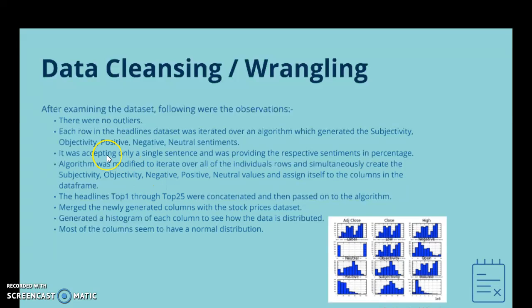The one part that I would like to highlight is that each row in the headlines data set was iterated over an algorithm which generated the subjectivity, objectivity, positive, negative, and neutral sentiments, and only a single sentence was providing the respective sentiments. So I modified it to iterate over all the individual rows and simultaneously create those sentiments. The next part was to concatenate the top headlines from 1 through 25 and then pass it to the algorithm to make it more efficient.